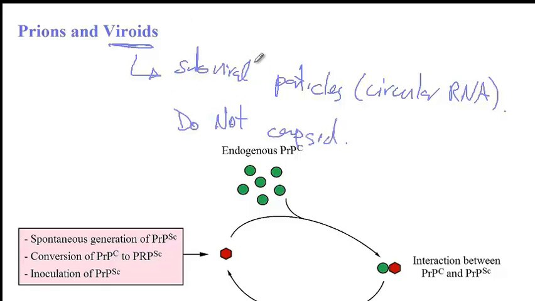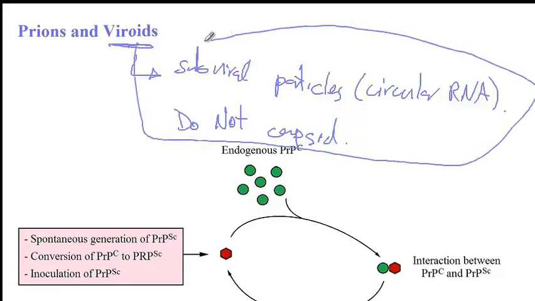Viroids are usually most infectious in plants. They are found in plants. So once again, viroids have circular RNA, and unlike viruses, they do not have capsids, and these viroids are mostly infectious in plants. Next, we have prions.